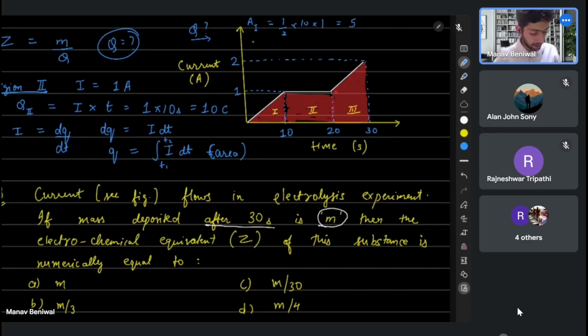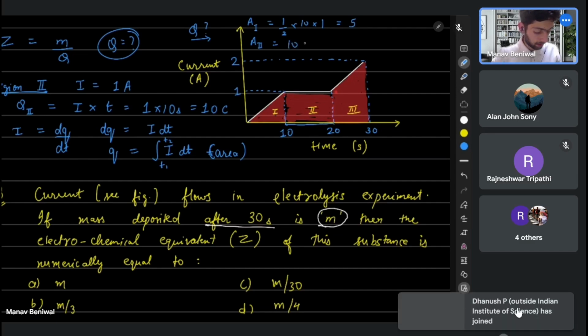Area 2 is simply a rectangle. Your length is 10 from here to here, and your height is 1. So this is 10.